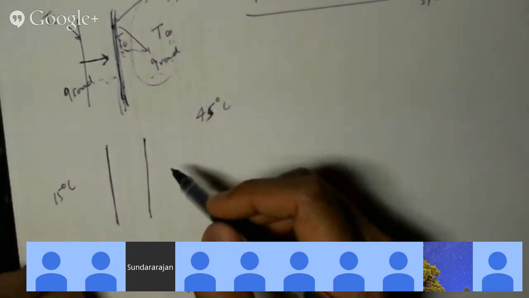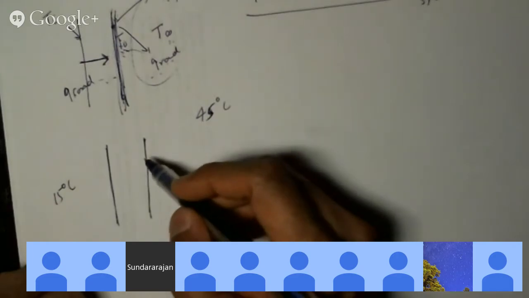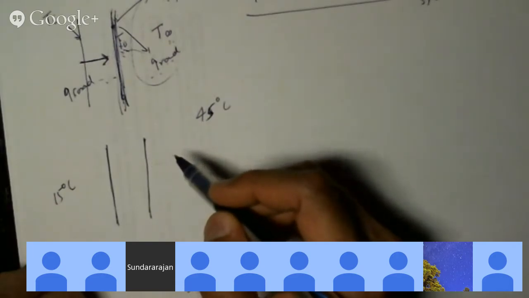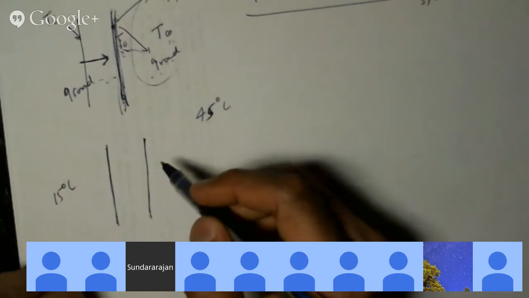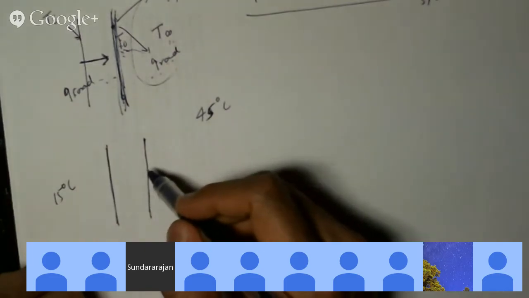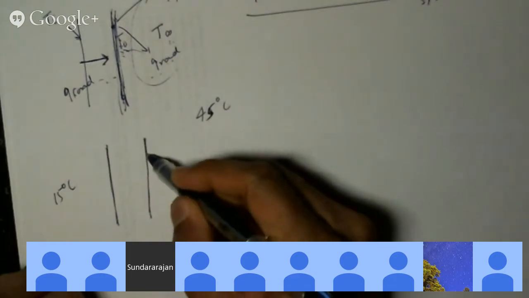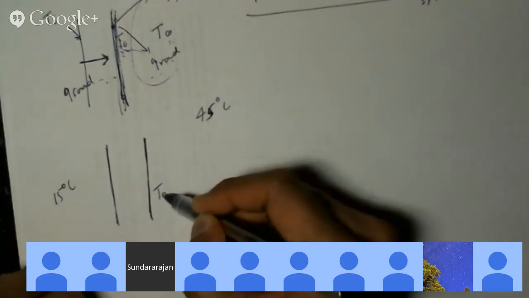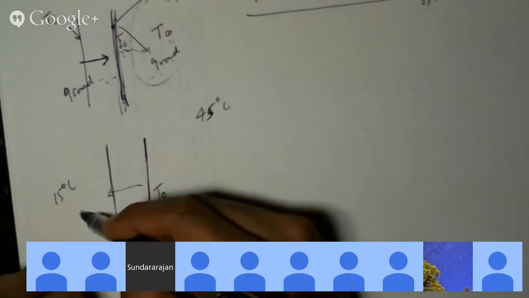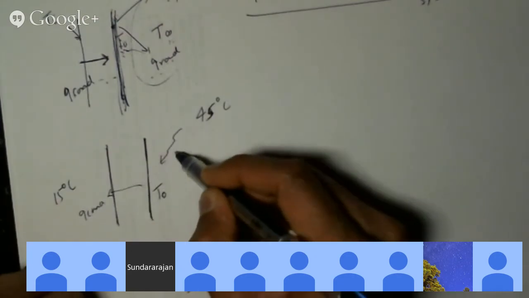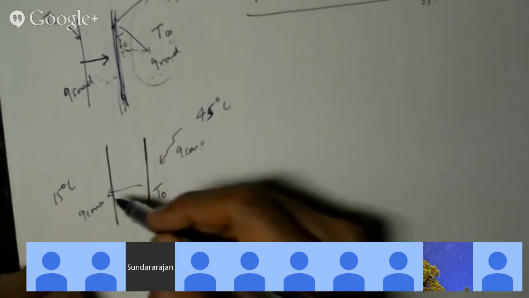So what mechanism? Conduction first, through the wall. Convection is going to heat up the wall, and then it's going to go through as conduction. Correct. So there is convection from here, and then there is conduction here.